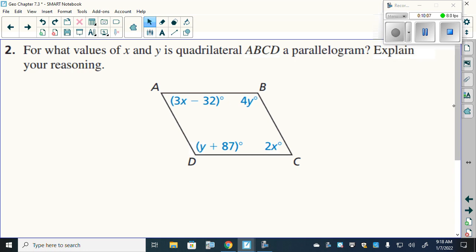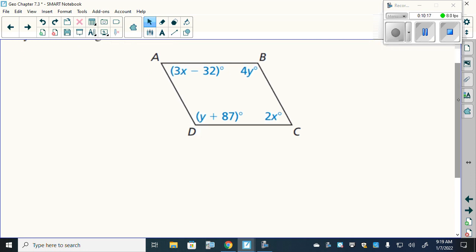Okay, let's look at the next one here. For what values of x and y is the quadrilateral a parallelogram? Well, did they give us sides or angles? Angles. So for it to be a parallelogram, the opposite angles need to be congruent.